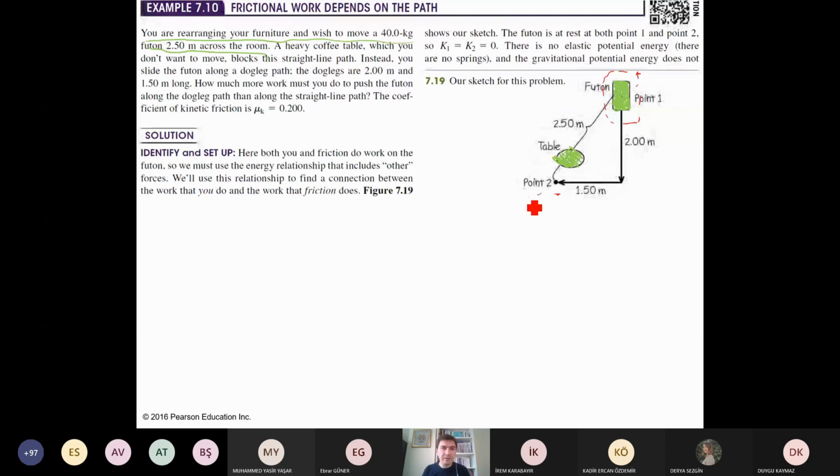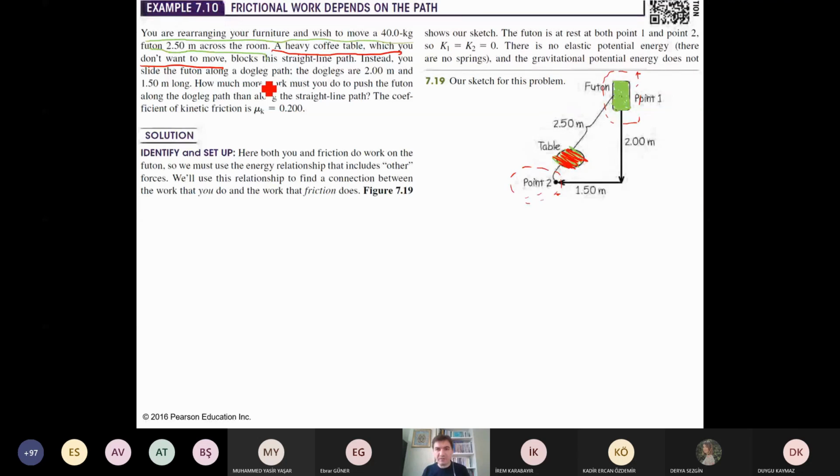A heavy coffee table, which you don't want to move, this one here, blocks this straight line path. Instead, you slide the futon along a dogleg path, this one.